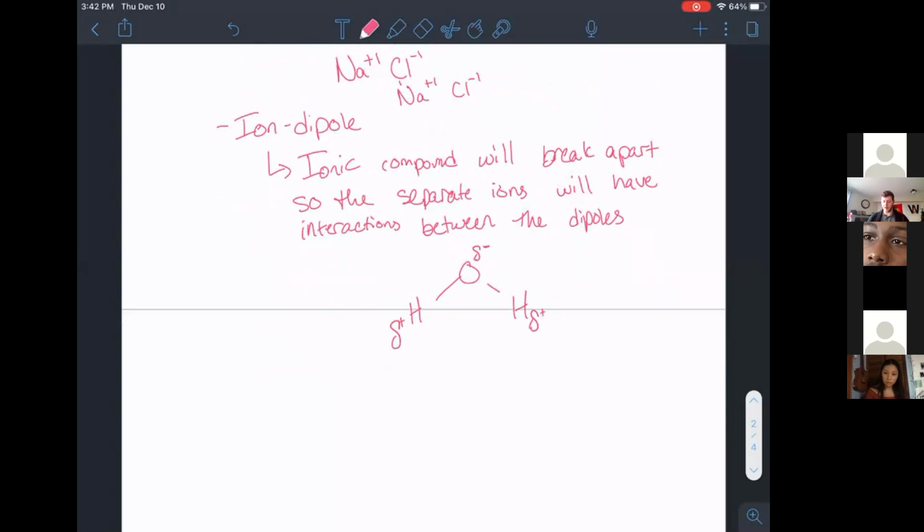Our sodium, when it breaks apart, we're gonna see our sodium form an attraction to our oxygen because it has that negative and the positive are going to attract towards one another, and our chlorine is going to attract towards our partially positive hydrogens. So that negative attracts towards the positive attracts towards the negatives, and that's why if the attraction between them is strong enough, there's going to be that breaking of the bonds. That's why the ion will dissolve because of that intermolecular force.